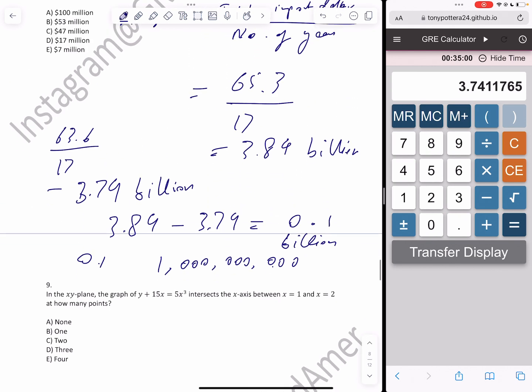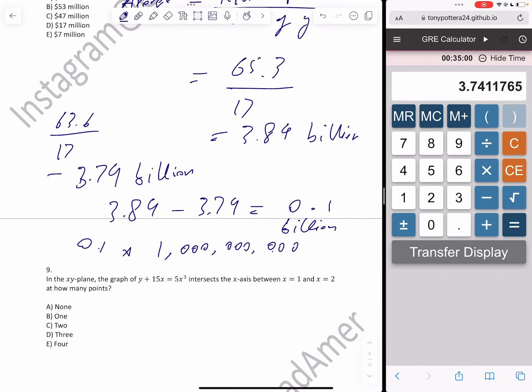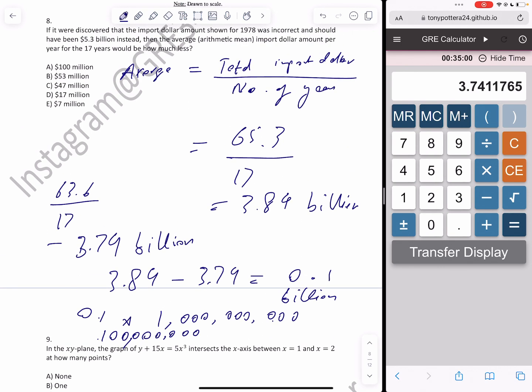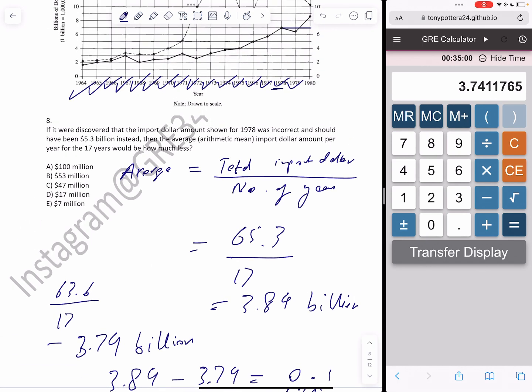So without even doing any further calculations, I know that it will be 1, then 1, 2, 3, 4, 5, 6, 7, 8. 1, comma, we just put the commas to divide. 6 zeros is 1 million and we have 100. So 100 million would be the difference between the old average and the new average. As a result, the answer is going to be A.